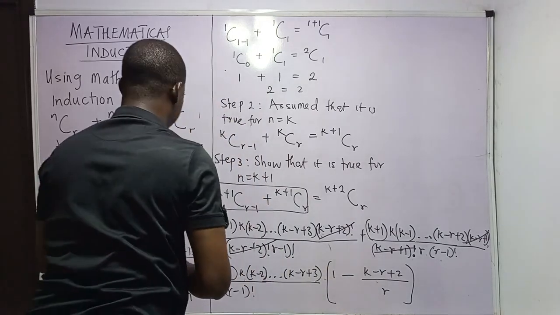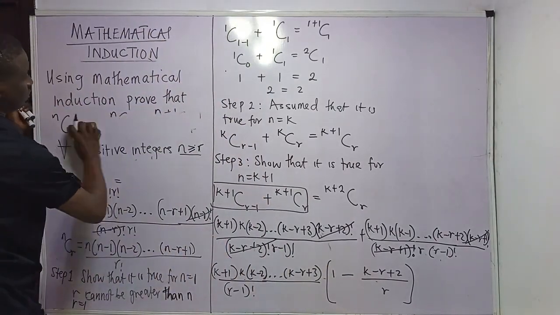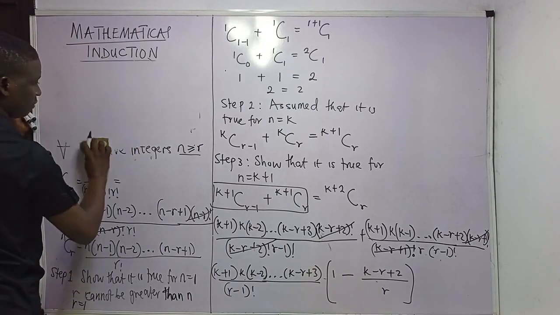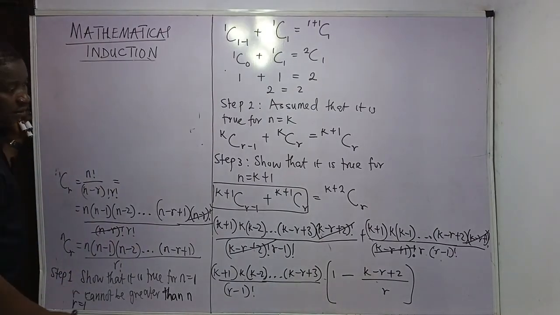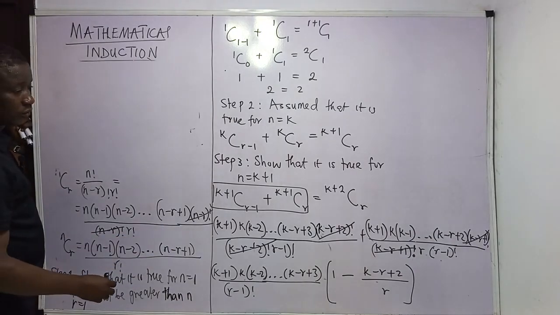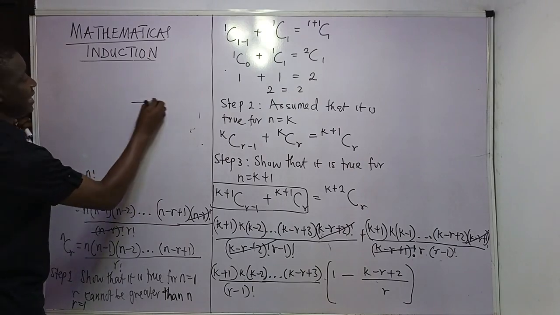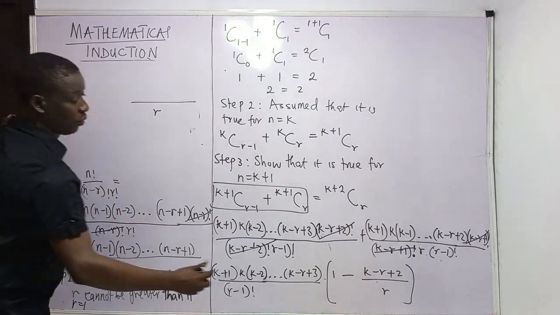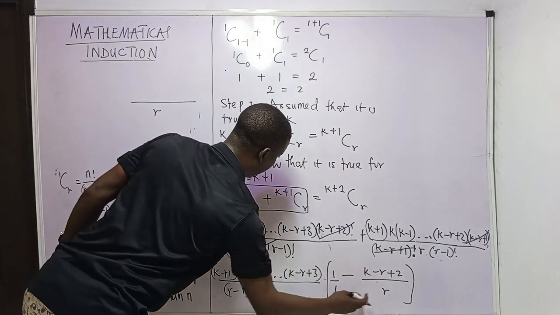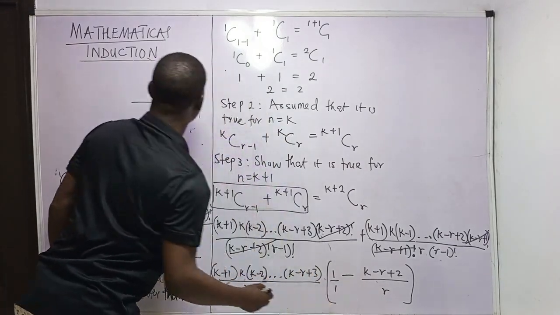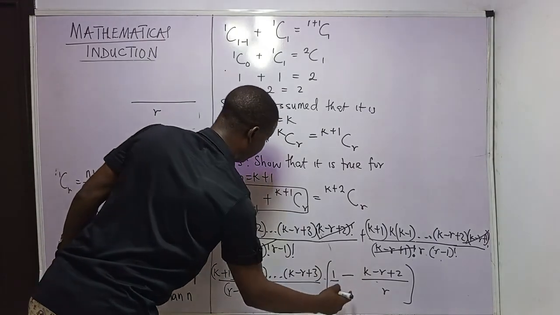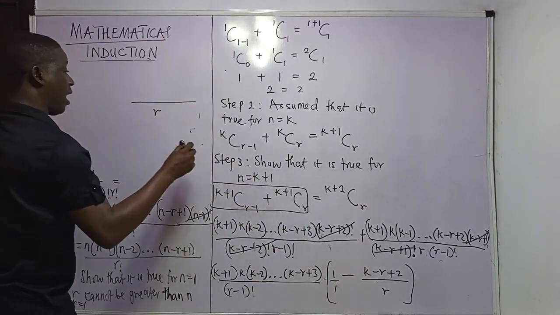So to finalize the solution, what we are going to do now is open the bracket and find the LCM of that 1 and r. What is the LCM? R. R divided by 1 is r.